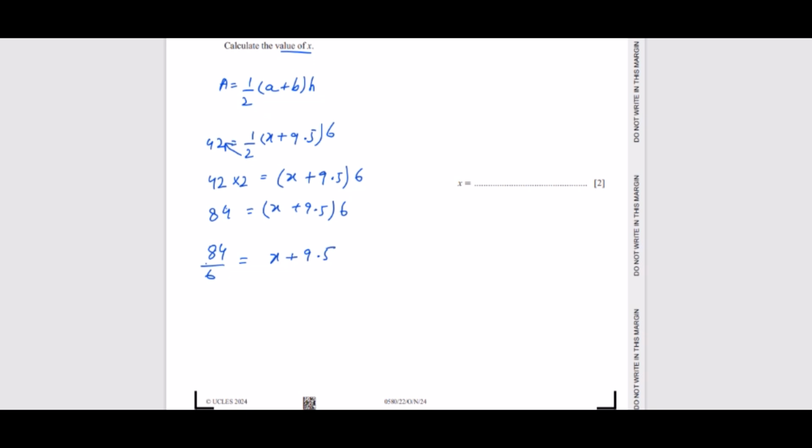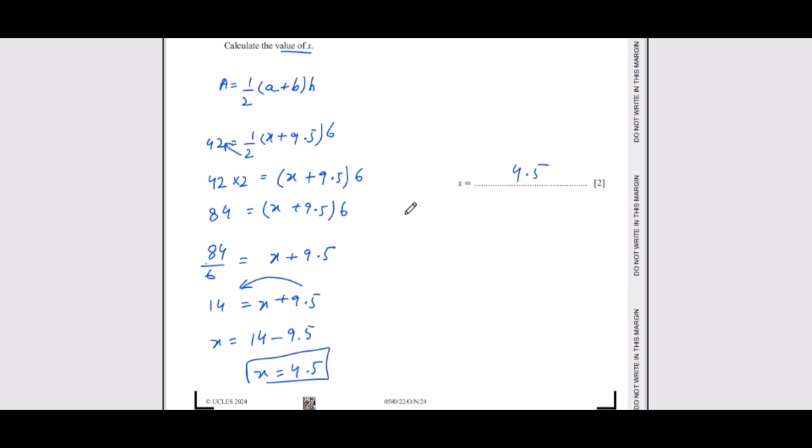So 84 divided by 6 is equal to 14, is equal to x plus 9.5. So 9.5 shifts to this side. So x is equal to 14 minus 9.5. So x is equal to 4.5 centimeter.